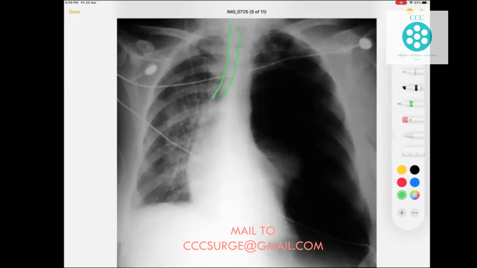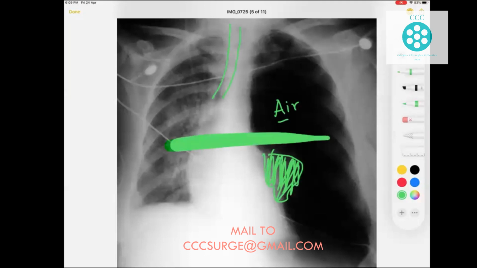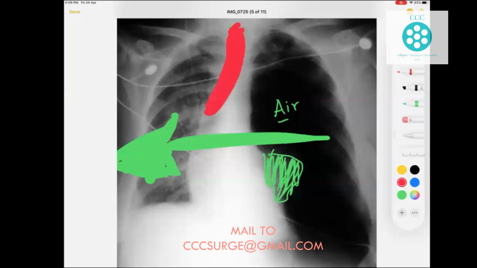And where is this air? Sir, this is the air in the pleural cavity. This is the lung which has collapsed. Lung collapse, this is air. What is very important in this picture is, can you see that the air has pushed the heart to the opposite side? Air has pushed the trachea to the opposite side.